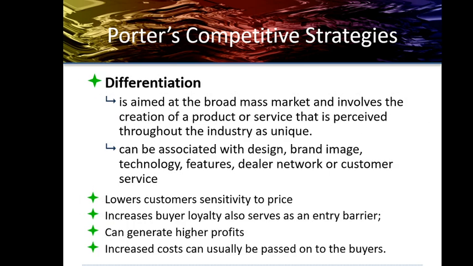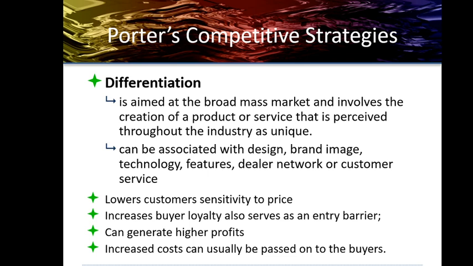Now let's move to the second competitive strategy, which is differentiation. When we say differentiation strategy or differentiation advantage, we mean that here we are having a mass market, we are competing in terms of quality, we are differentiating our product in terms of its quality and service compared to our competitors. At the same time, we are offering our products or services to a wide market segment also.